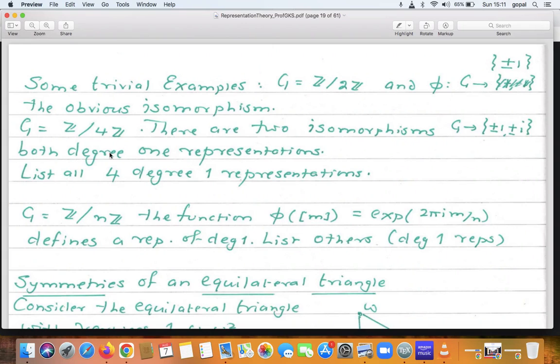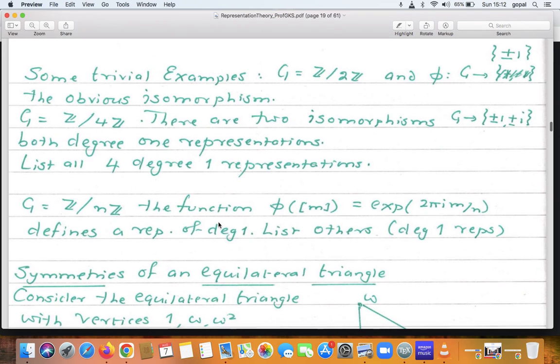And then the cyclic group of order 4. Now the cyclic group of order 4 has two generators, i and minus i, and I can send the generator i to any of the four possibilities, plus minus 1, plus minus i, and I have four options for a mapping from G to C star. And the first exercise is to list all four degree 1 representations.